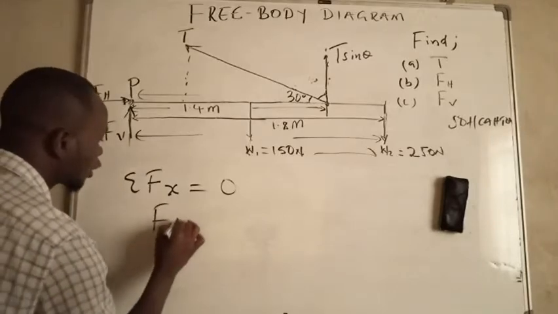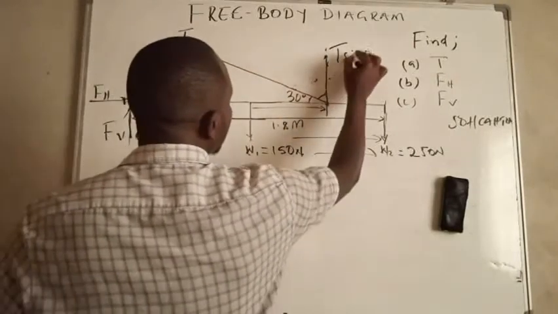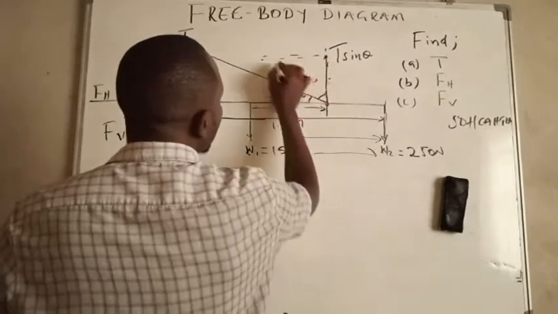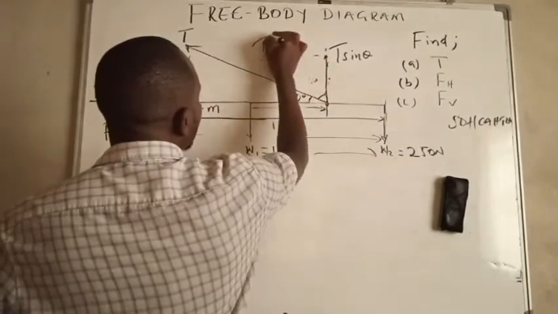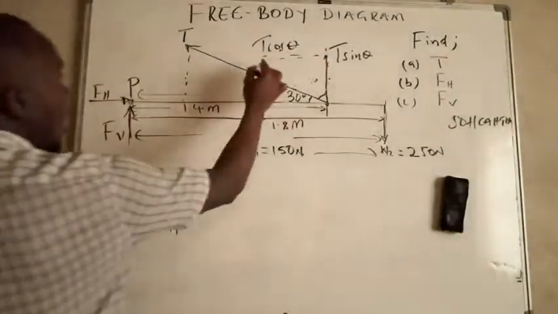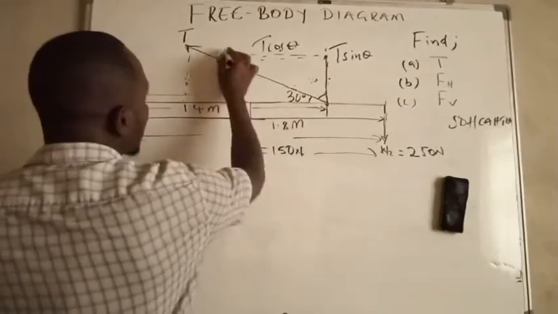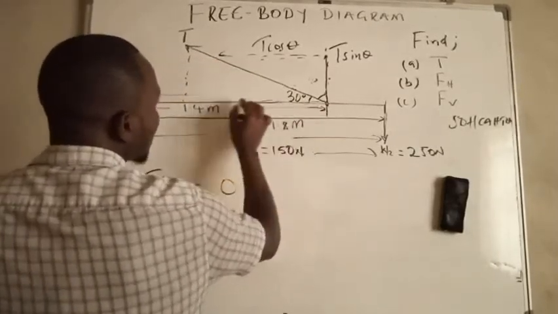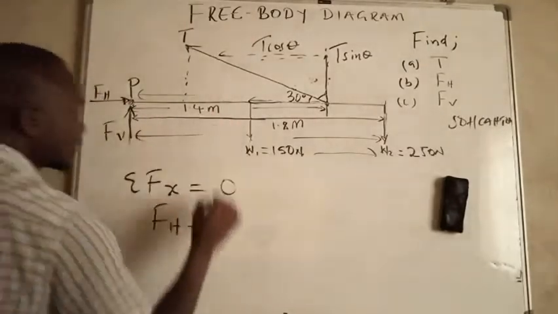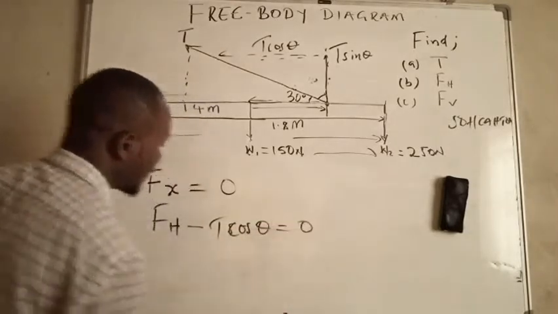So we have FH. Then if this is T sine theta, we have this one, which is T cos theta, the horizontal component of this force. It is in the negative direction, so we have minus T cos theta. This must give us 0.